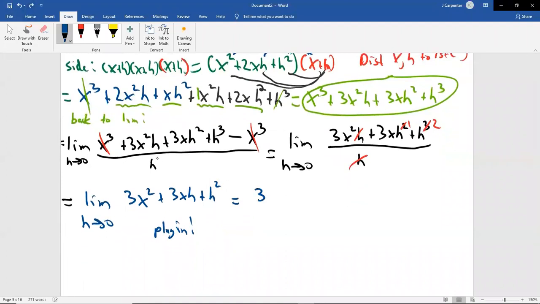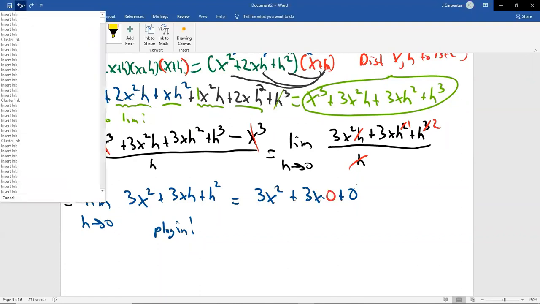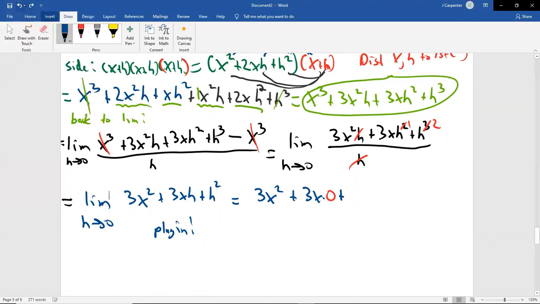It's just 3x squared plus 3x times 0 plus 0 squared, which is 3x squared. The middle term is now plus 0. The third term is plus 0, which is 3x squared.